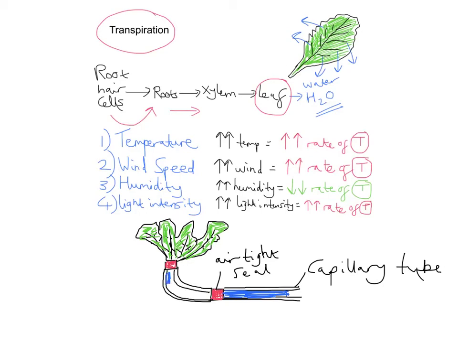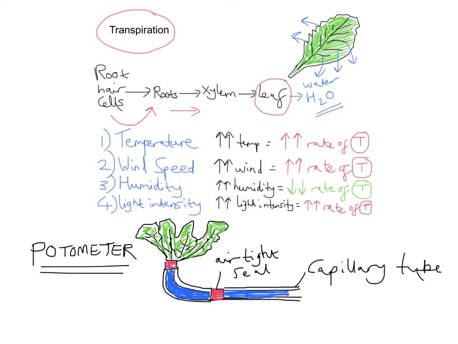So this is our basic potometer. So it's a bit of capillary tubing with a plastic casing with airtight seals so that we can just have a leaf or a sample of plant within that tubing that's going to make use of that water to photosynthesize. And this whole piece of apparatus is called a potometer. So this is a potometer.